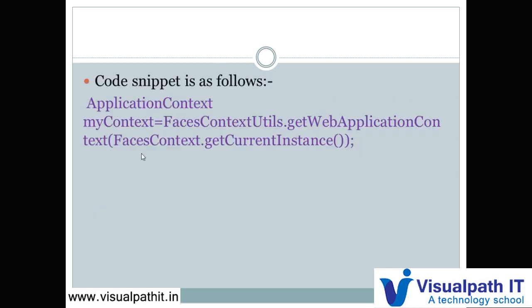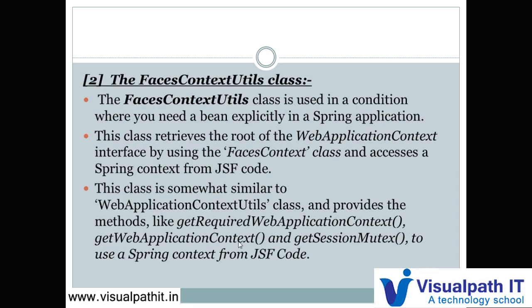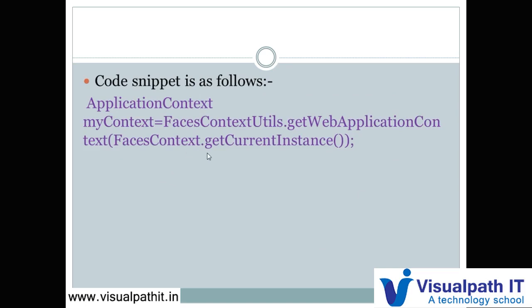So how is that done? ApplicationContext myContext = FacesContextUtils.getWebApplicationContext, and then getCurrentInstance. Here myContext is the Spring application context object. It is retrieved from the getWebApplicationContext method of which class?